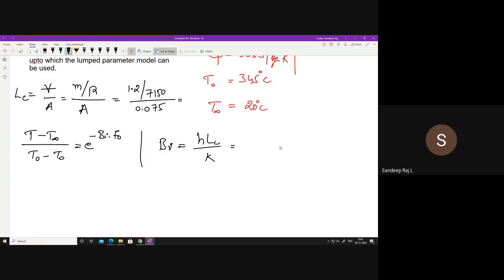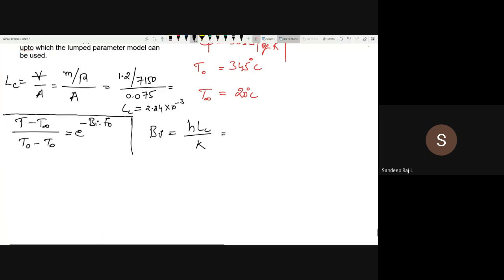0.002. You take it as 2.24 into 10 to the power of minus 3. That will be more accurate. LC is equal to this. So what is the h value given in the question?